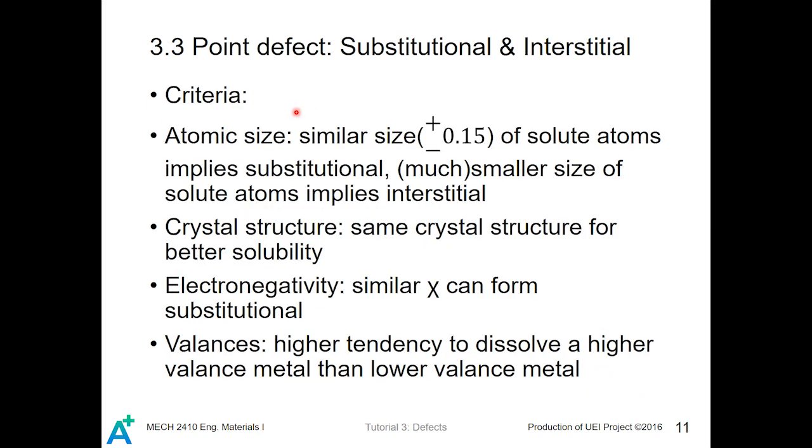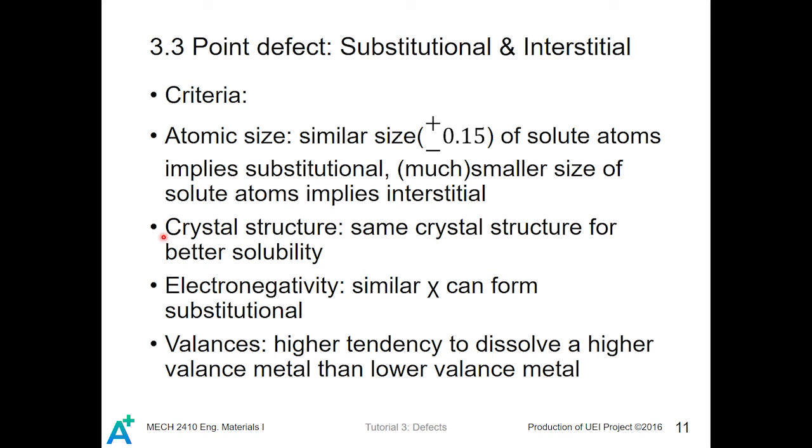Criteria to consider for substitutional impurities: the atomic size must be similar, for example plus or minus 15%, which will imply substitutional. If the impurity atom is much smaller, then the impurity atoms will form interstitial impurities.